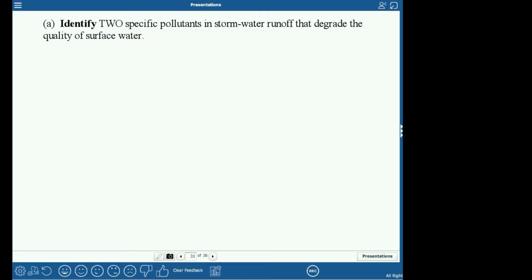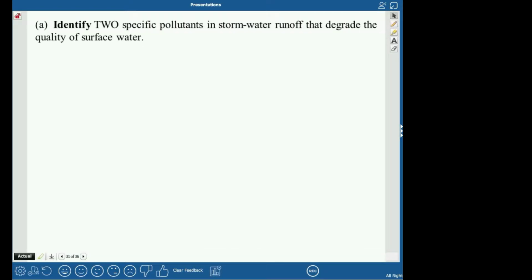Okay. So this one says, identify 2 specific pollutants in stormwater runoff that degrade the quality of surface water. So can you think of any stormwater pollutants? I know we've talked about a few today, but anything that could be contained in runoff that might cause problems.